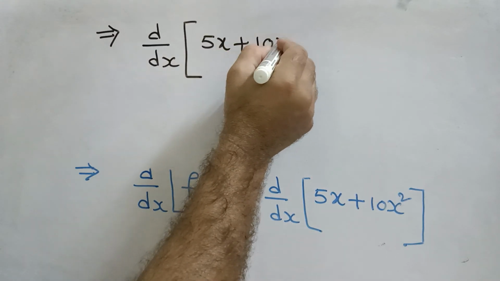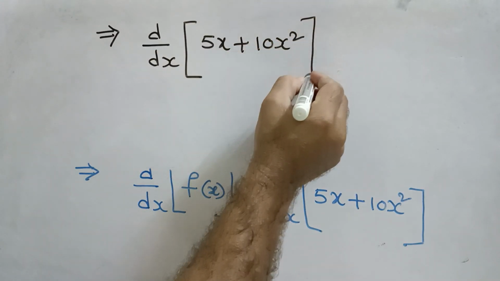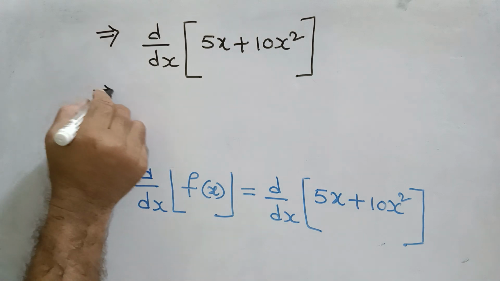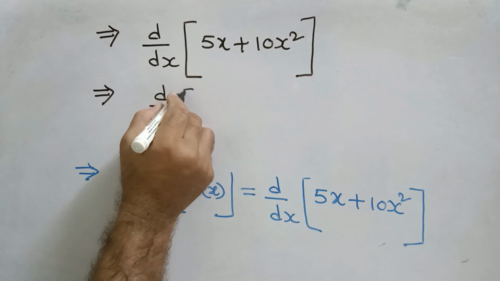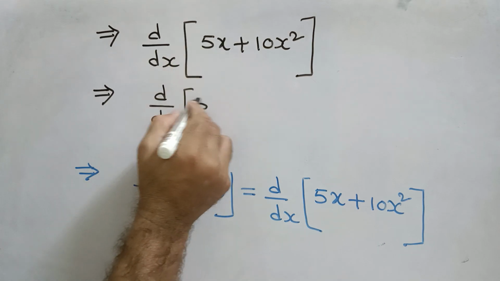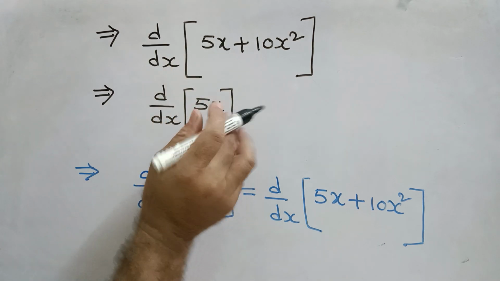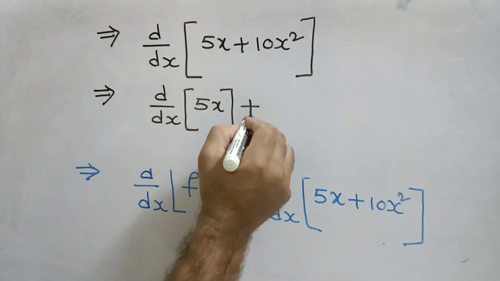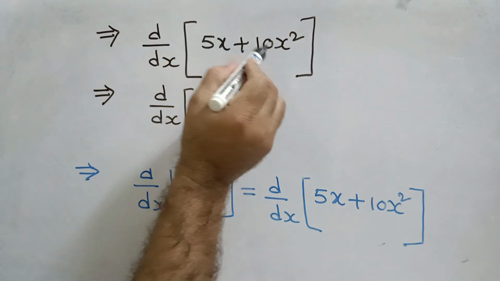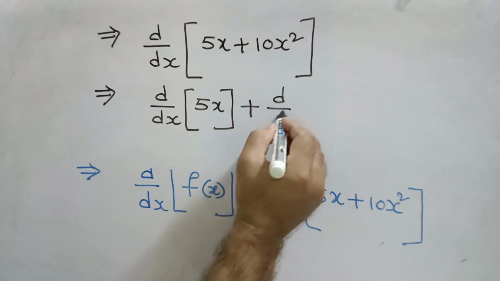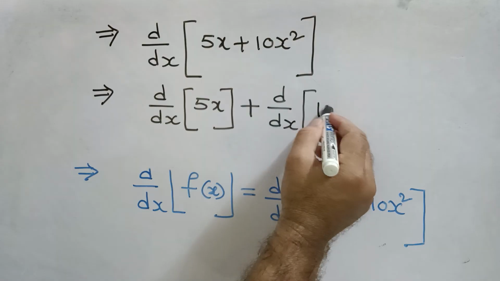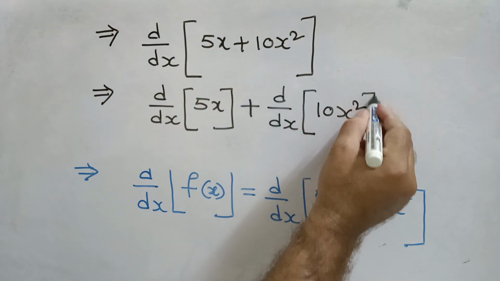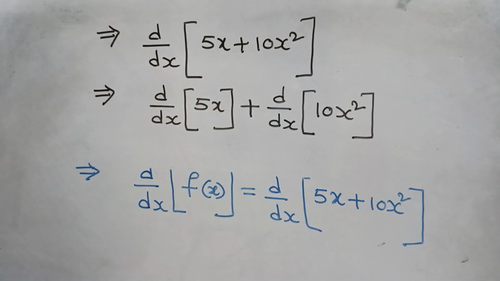Then I can write d by dx of 5x, plus you apply this d by dx to the second term, that is d by dx of 10x square. Nothing wrong in that. Get it?